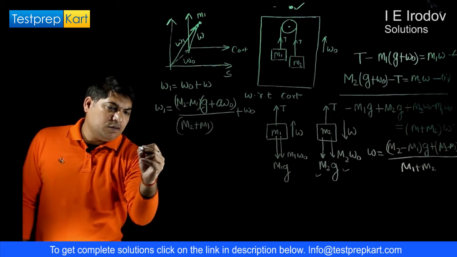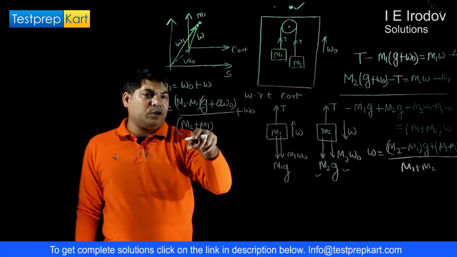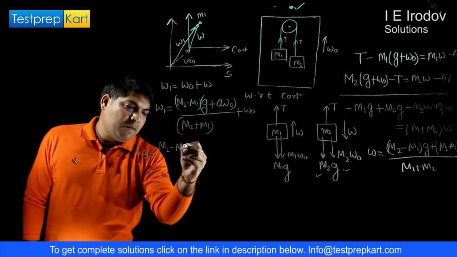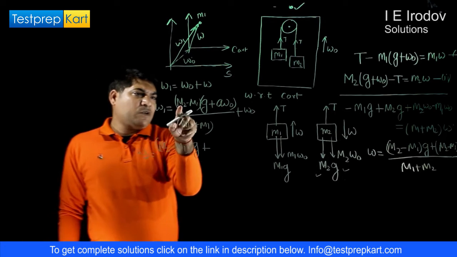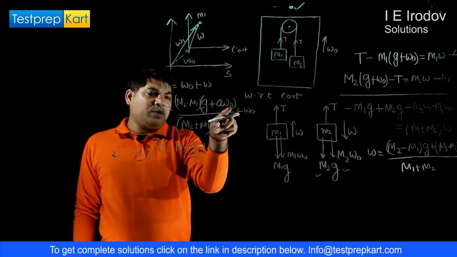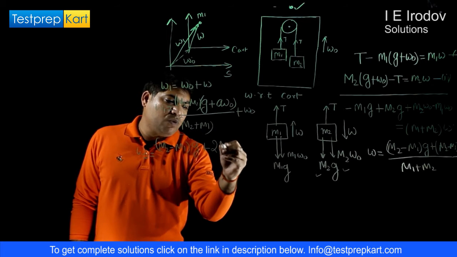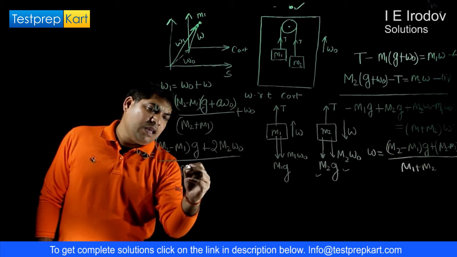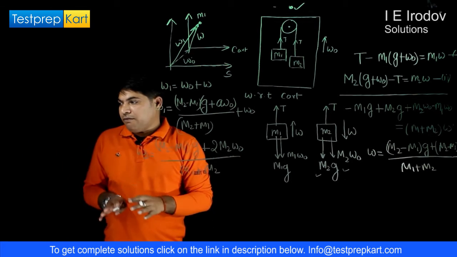We can simplify this expression further by multiplying by (M2 plus M1). So this is (M2 minus M1) G plus (M2 minus M1) omega naught from here, and (M2 plus M1) omega naught from here. So we may write 2 M2 omega naught upon (M1 plus M2). This is the answer of the first part.